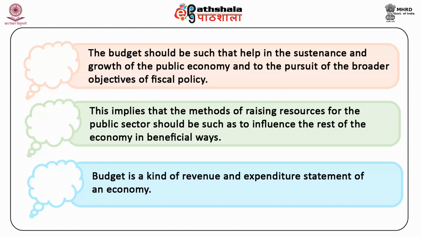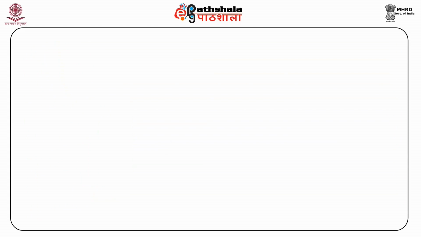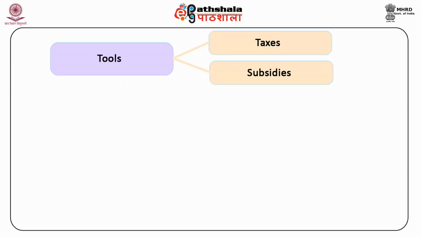Budget is a kind of revenue and expenditure statement of an economy. Government has two tools in its hands, that is, taxes and subsidies, to have balanced economic growth, which can be achieved by wise allocation of resources in a number of ways.